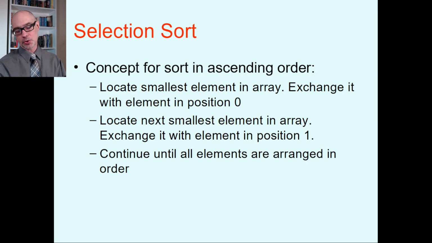And then you're going to search what's left over in the array, find the next smallest thing, and put that in position 1, because that's where that belongs. And repeat to find what belongs in position 2, and repeat to find what belongs in position 3, and so on and so forth. So on every single iteration here, you're just going to do one single exchange, one single swap, and every time you do that, you're putting a particular value in exactly the correct ending location. And hopefully that makes sense.